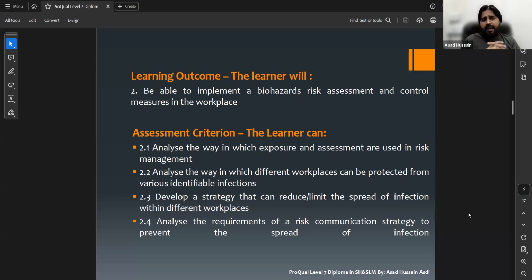So here, what type of evidence can you provide? You can provide a good risk assessment, basically not a generic one, a specific risk assessment along with the control measures.